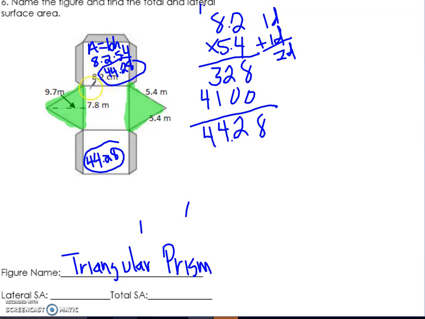Okay, this one's going to be slightly different. Area equals base times height. We have 7.8 times 8.2.